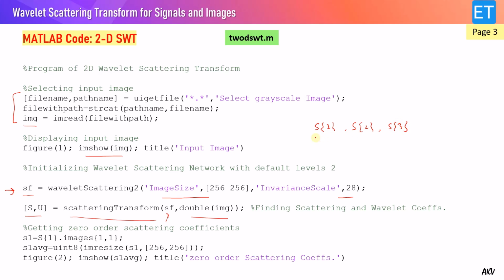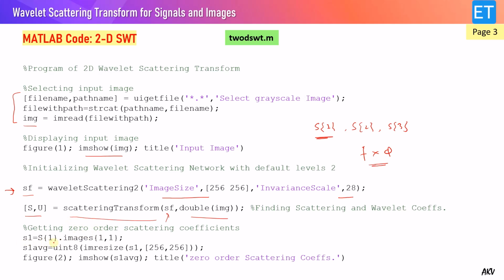The first cell array will include the coefficients obtained by the convolution of the image and the scaling function. Obviously, the scaling function is a low pass filter, so you get the blurred image. All coefficients will represent a smooth image. So I'm getting those coefficients.